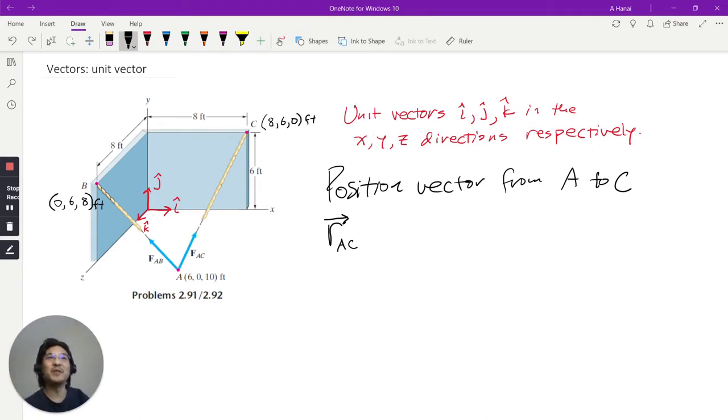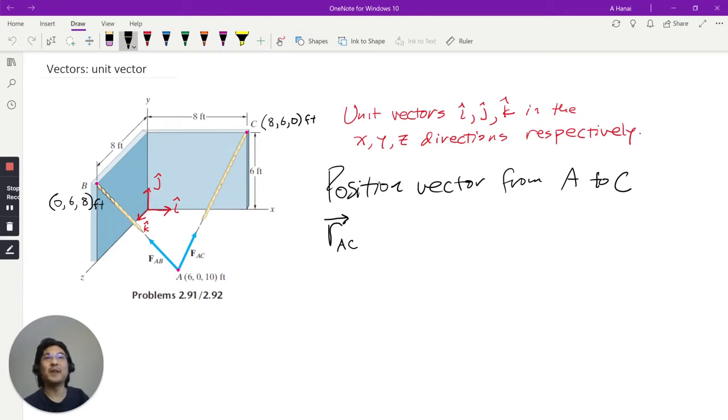To denote a unit vector, you put a hat, so letter e with a little hat over it. These letters are reserved for the x, y, and z directions: i hat is a unit vector in the x direction, j hat is in the y direction, and k hat is in the z direction.